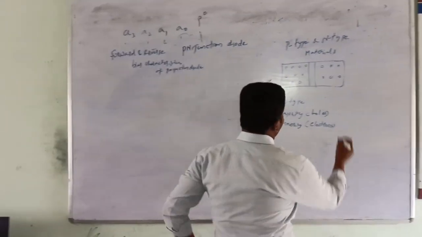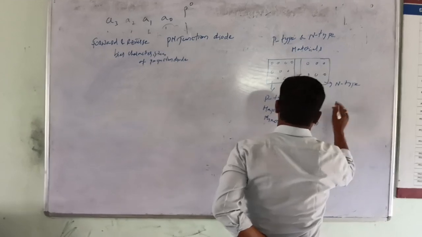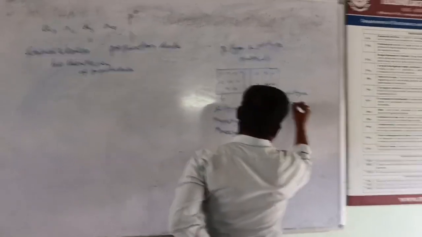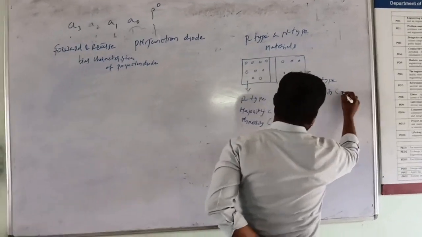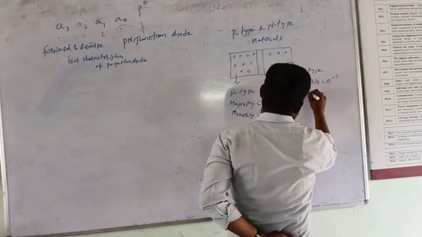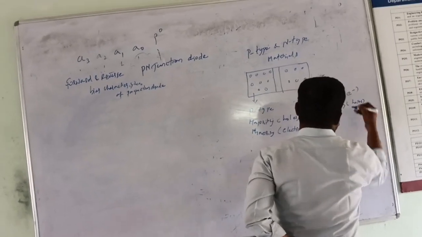In the N-type, majority charge carriers are electrons and minority charge carriers are holes.